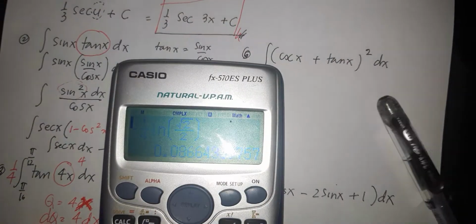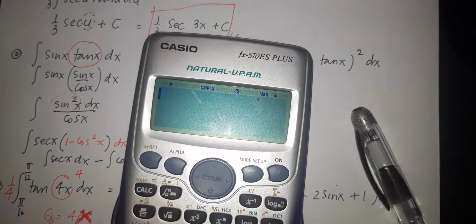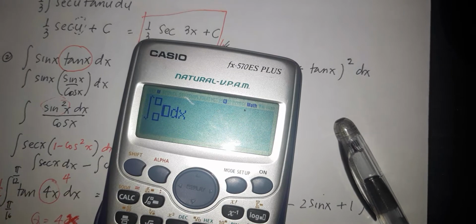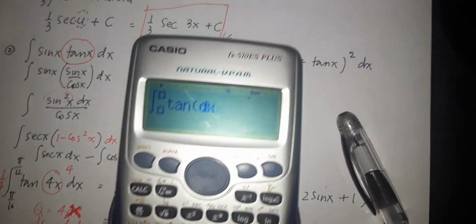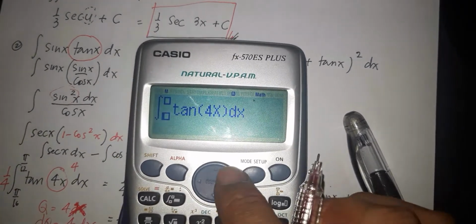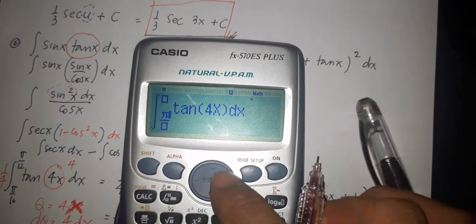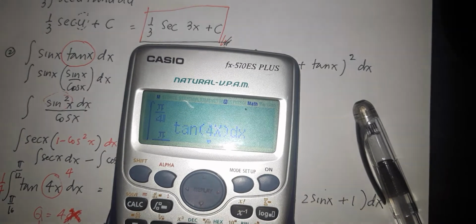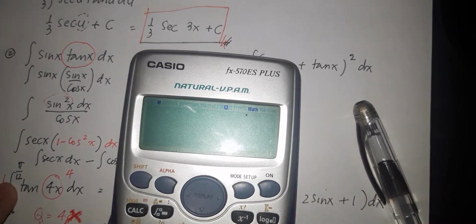So let us try to verify. So integral of tangent of 4 alpha, close parenthesis, from pi over 16 to pi over 4. So the answer, it should be pi over 12.